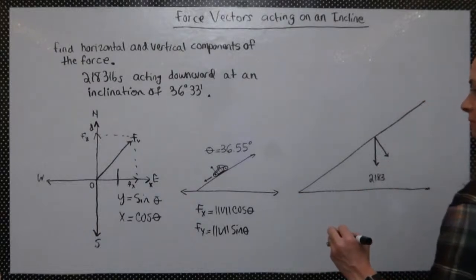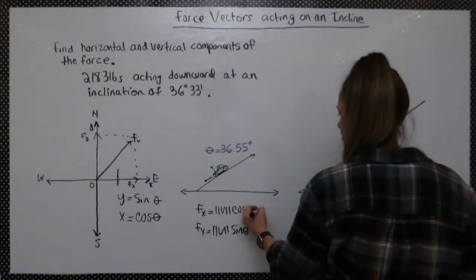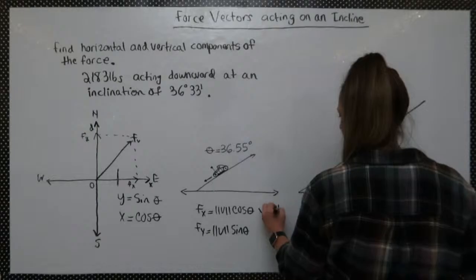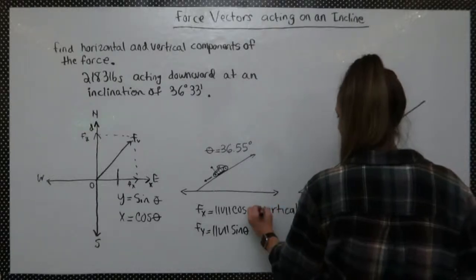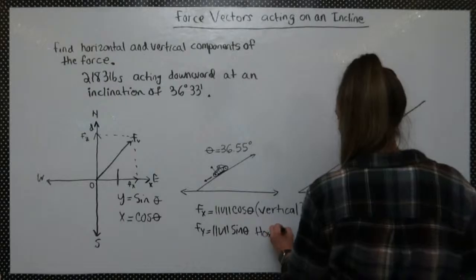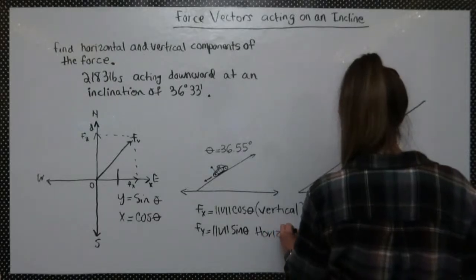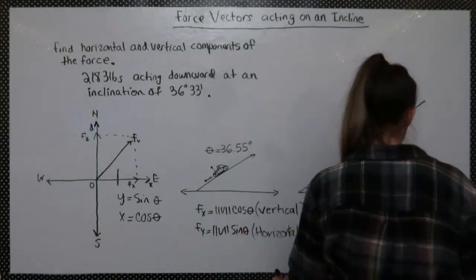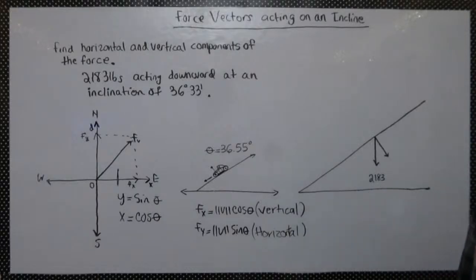see, now I got it switched. It's going to be your cosine. This is your vertical, and then this one will be your horizontal. And I said that with a lot of authority, but now I'm not sure. I'm going to go make sure.